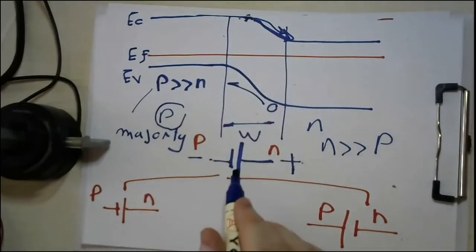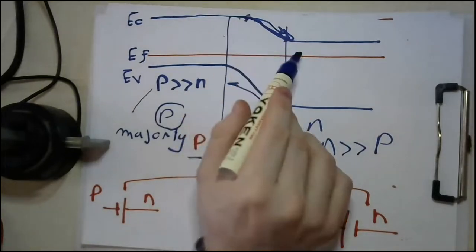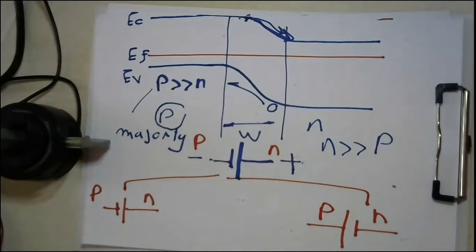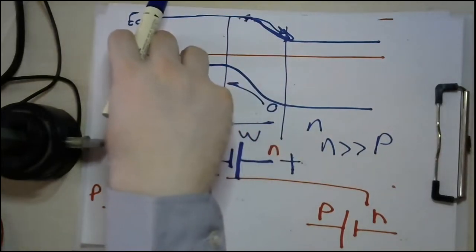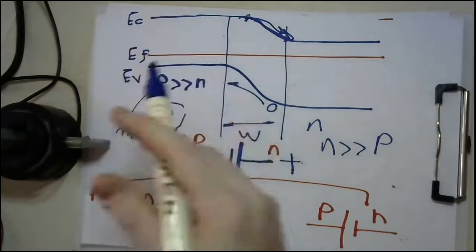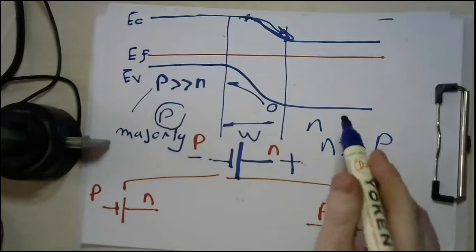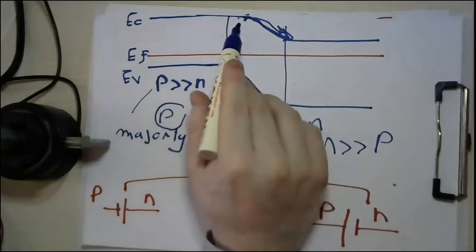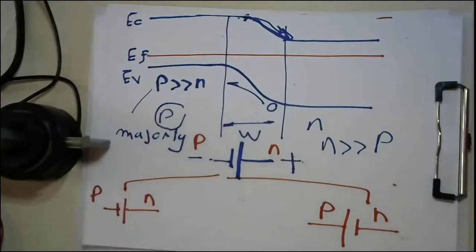You are adding more and more potential in the same polarity. So the electrons are going to move at a higher speed. Of course, again, the stock of electrons is very limited, but they will flow at a higher speed because you are giving them more and more positive energy here. So electrons will be attracted more and more to the negative energy here. So the electrons will be attracted in this way.